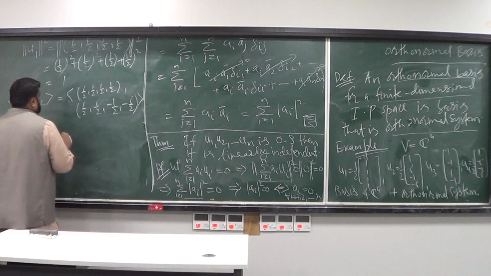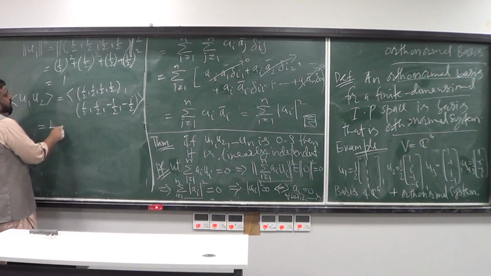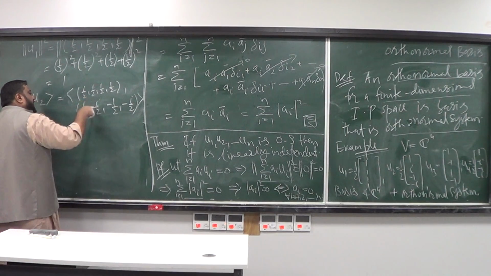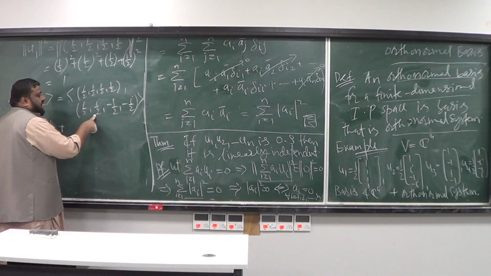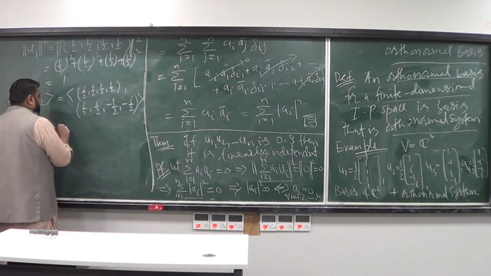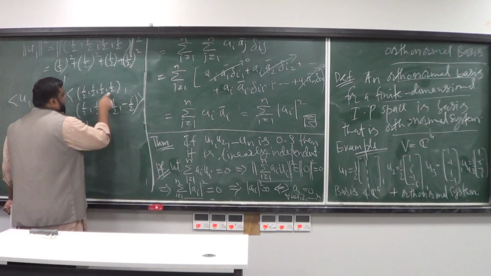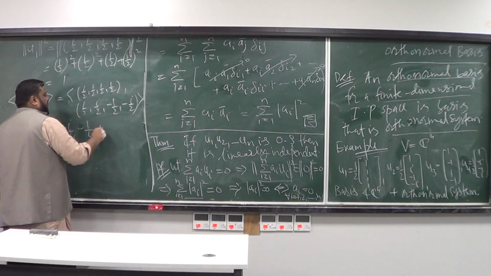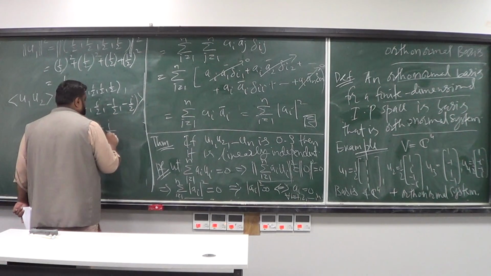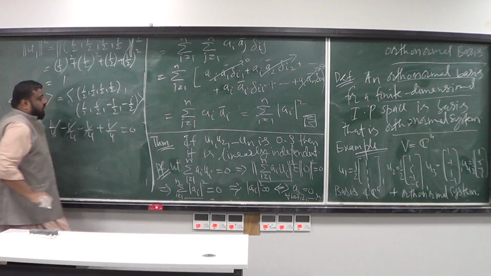When you take the inner product of this with this, you're going to get 1/4, plus 1/2 multiplied by the conjugate of iota by 4, so it's going to be minus iota by 4, plus 1/2 and 1/2 is going to be minus 1/4, and 1/2 multiplied by the conjugate of minus iota by 2 is going to be plus iota by 4. So everything would cancel out and you're going to get 0.